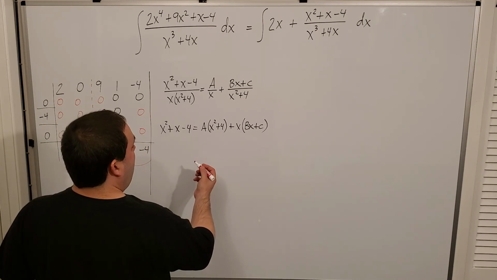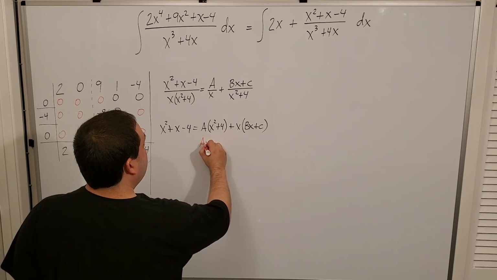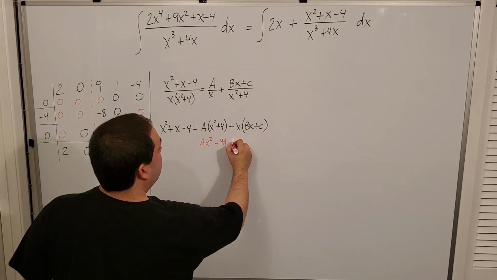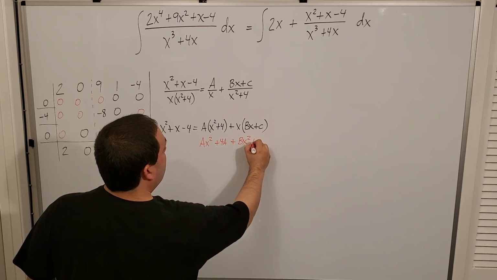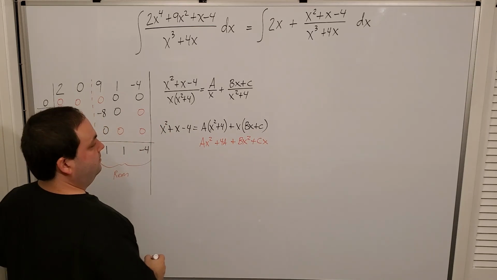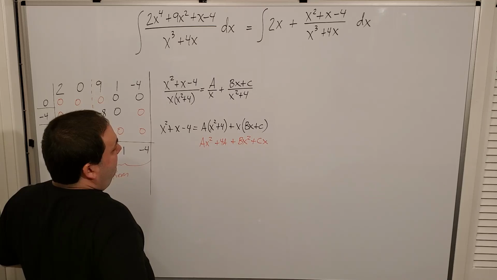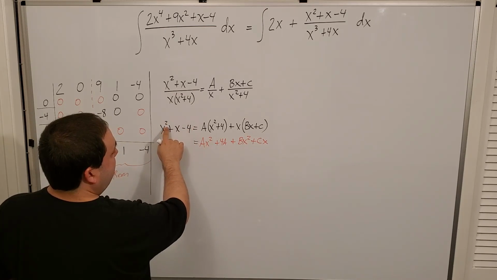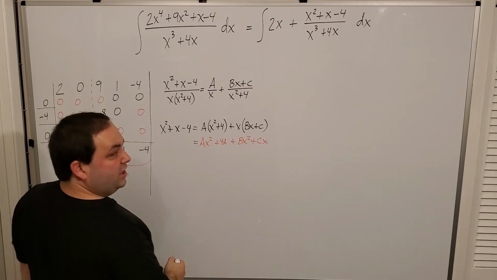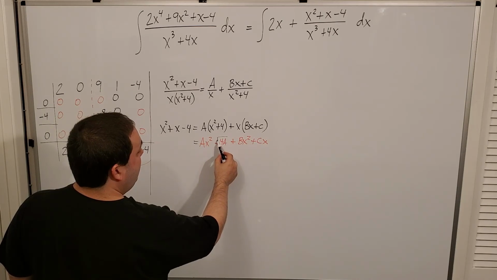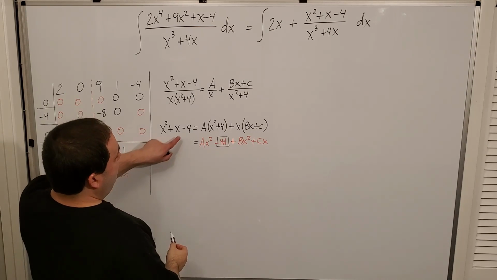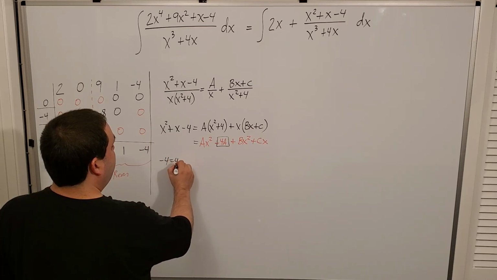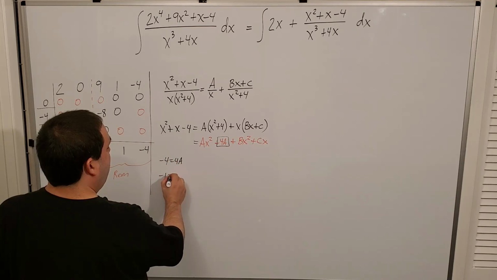Notice that I've got Ax squared plus 4A plus Bx squared plus Cx. Now, of course, that's equal to all of this. Let's start with the number. You see 4A is the number portion here. It's equal to negative 4. Negative 4 equals 4A. Therefore, negative 1 is A.